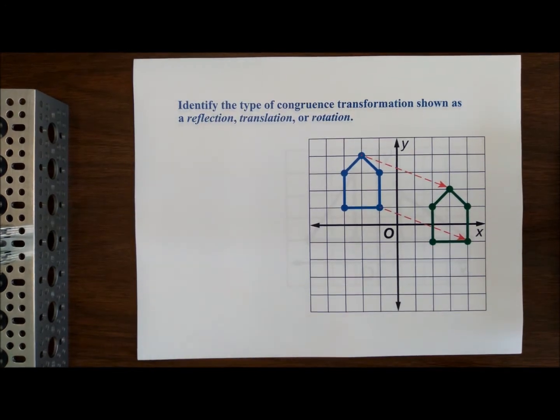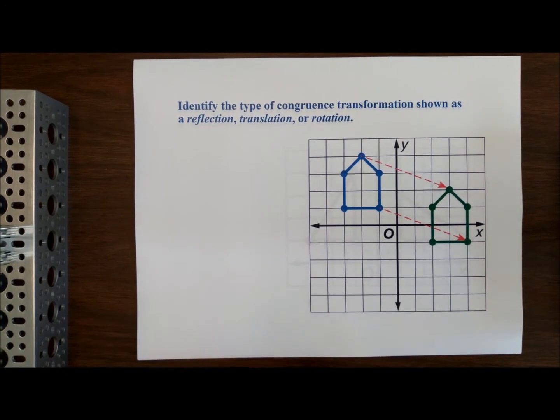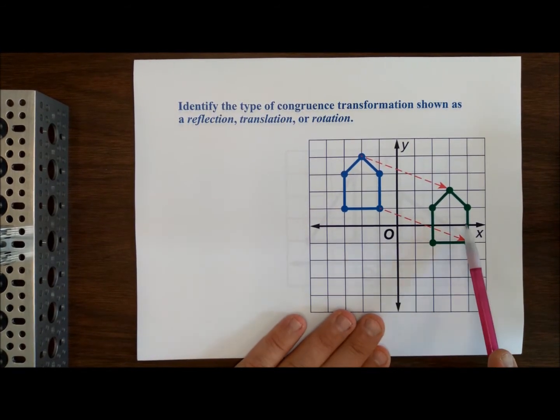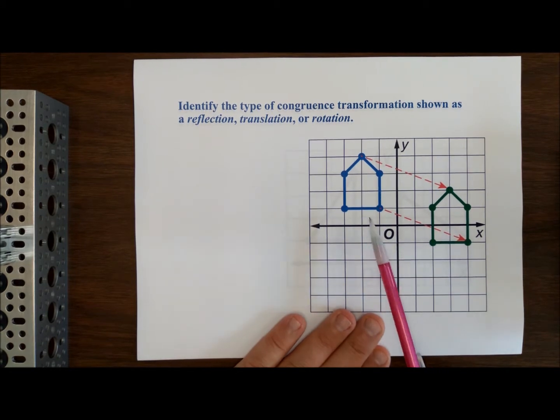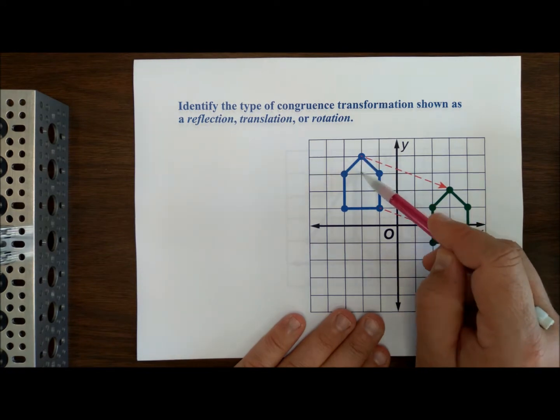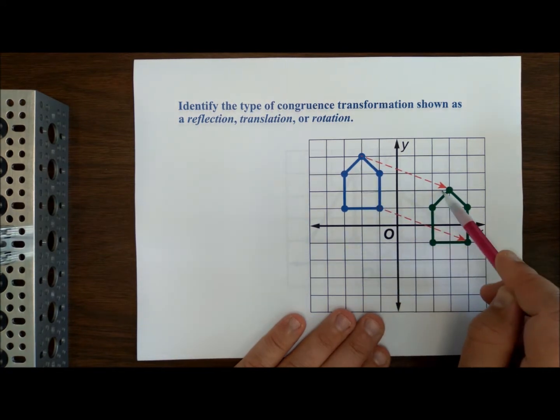All right, here, could we identify the type of congruence transformation? Is it a reflection, a translation, or a rotation? Going from our pre-image to our image, it appears that this figure has simply been slid without being twisted or flipped. And you can see that every single point appears to go down 2 over 5.